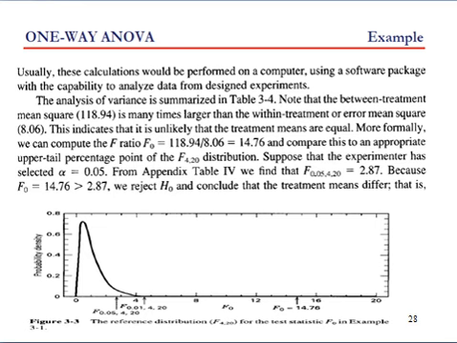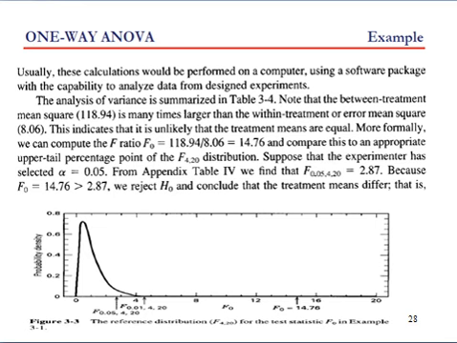This means that the cutoff value is here, 2.87, somewhere over here. However, my test statistic value is 14, so it's very far from my cutoff region.